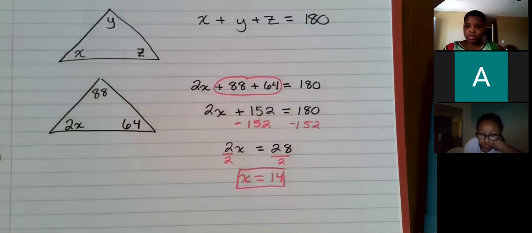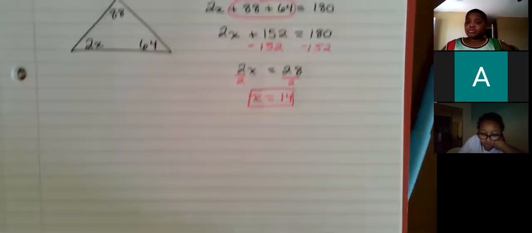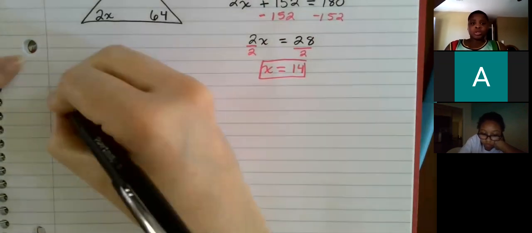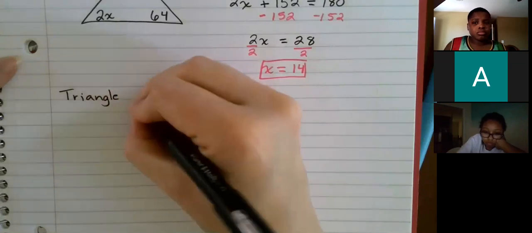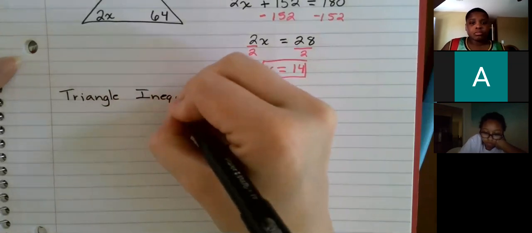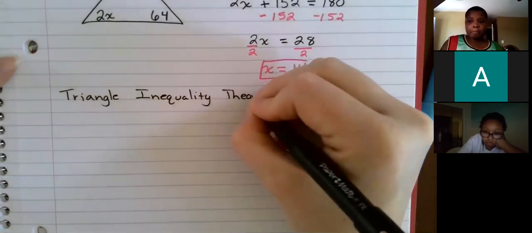Okay, so you've got that kind of process. That was the triangle sum theorem. Then we had the one that we learned most recently this week, which was the triangle inequality theorem. Okay, so now the triangle inequality has nothing to do with the angles.